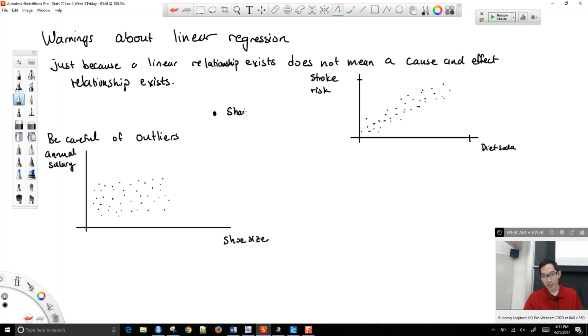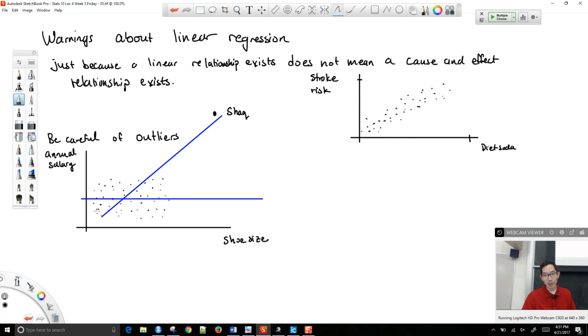So if you included him in your data set, suddenly, this is what it should be: there should be no relationship between shoe size and annual salary, although that's not exactly a flat line. But with Shaquille, now suddenly you've got this going on.